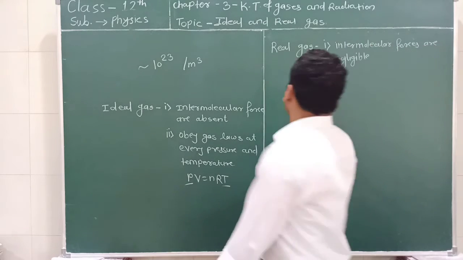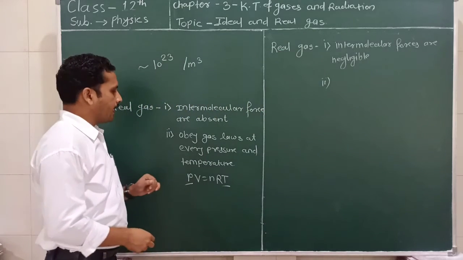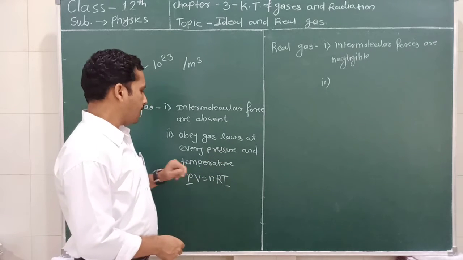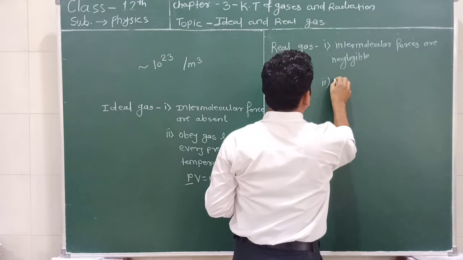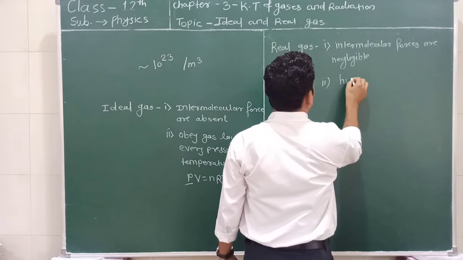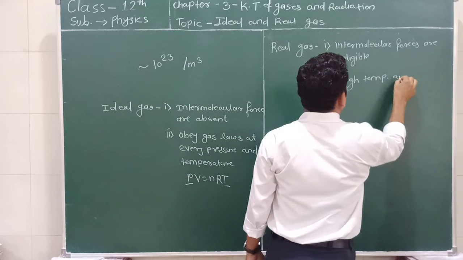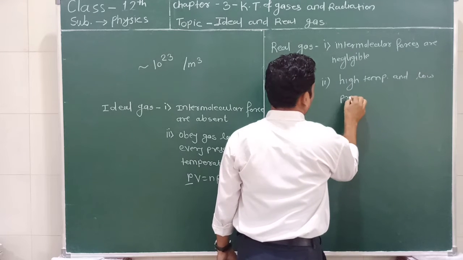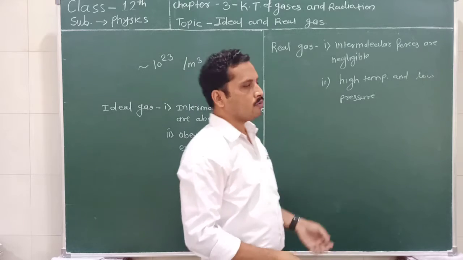As we saw, the ideal gas obeys the gas law at every pressure and temperature. In this case, the real gas obeys the gas law only at high temperature and low pressure. What happens at high temperature and low pressure?